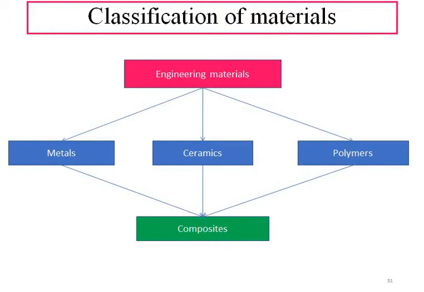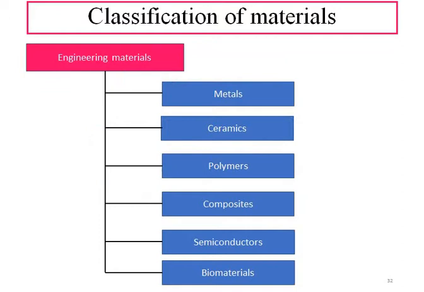So this is the detailed classification of engineering materials: metal, ceramic, polymer, composite, semiconductors and biomaterials. In this section, we will see the details of each material and their basic bonding nature.